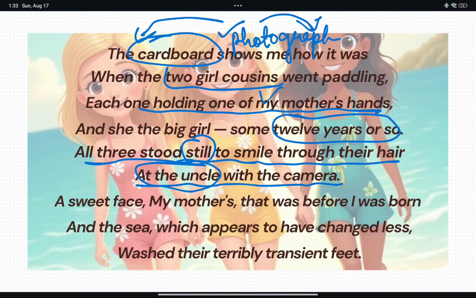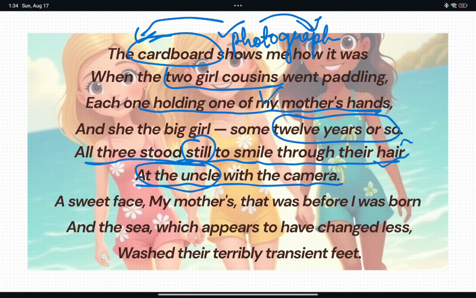Obviously, because a picture was to be clicked, all of them stood there without any movement and smiled through their hair. That means because it was a beachy area, there must be wind flowing, right? So their hair was messy, partly covering their face, but they cheerfully smiled through their hair at the uncle who was holding the camera to click their picture.